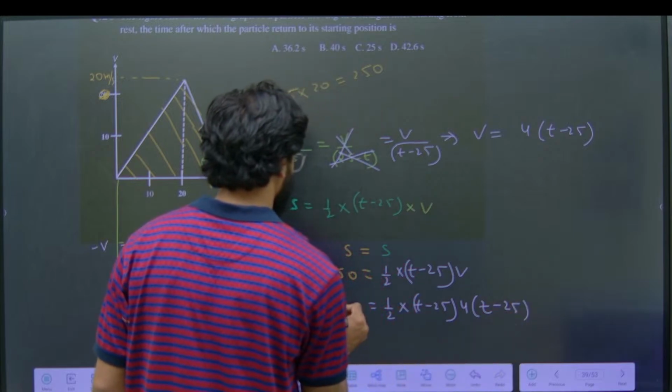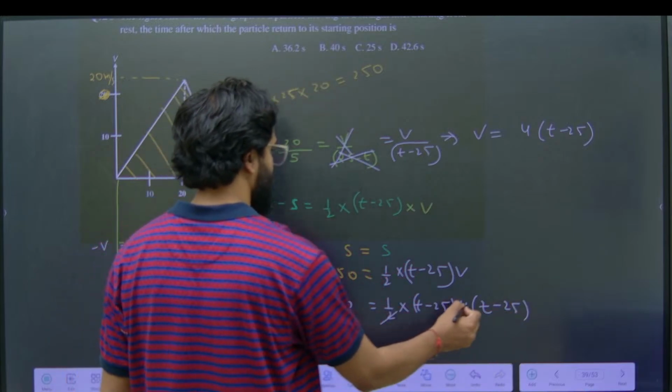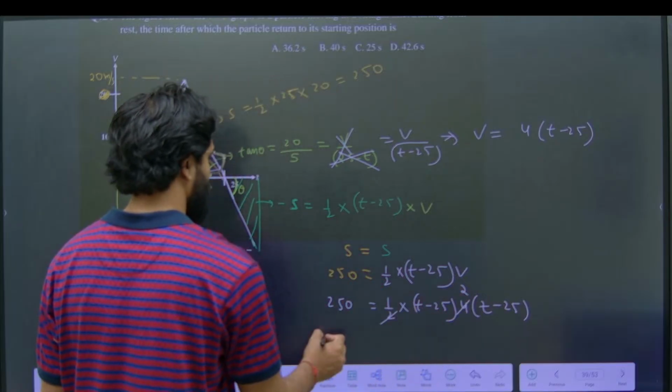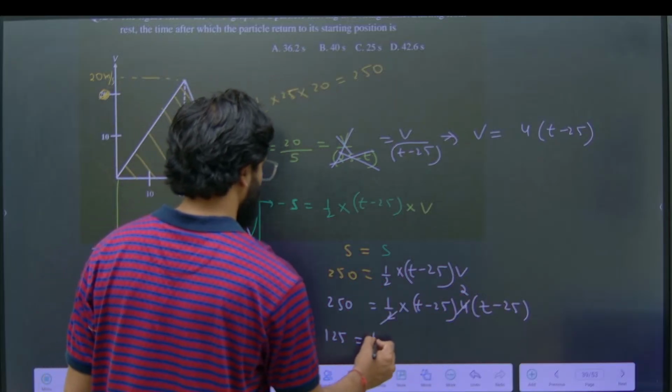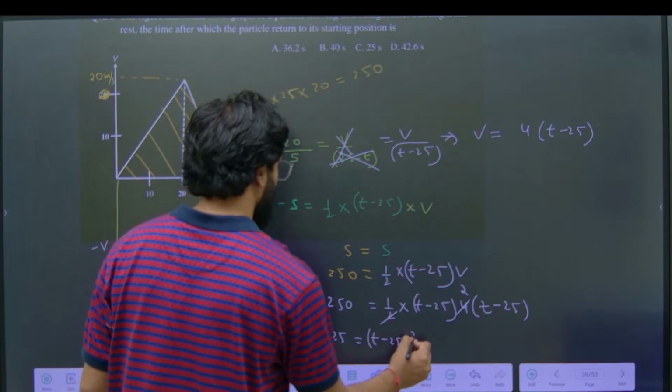So half into 4 is 2, so 125 equals t minus 25 whole square.